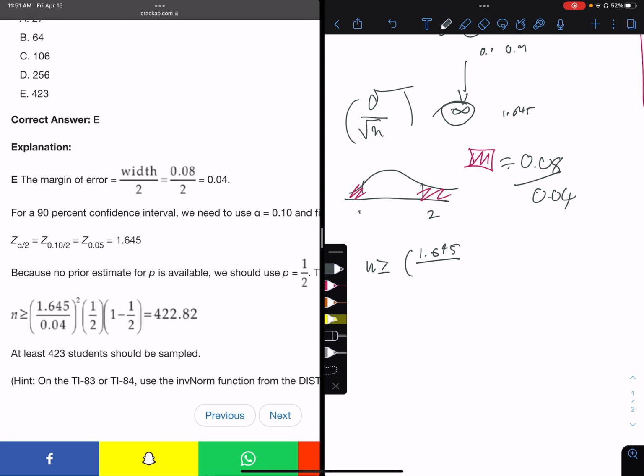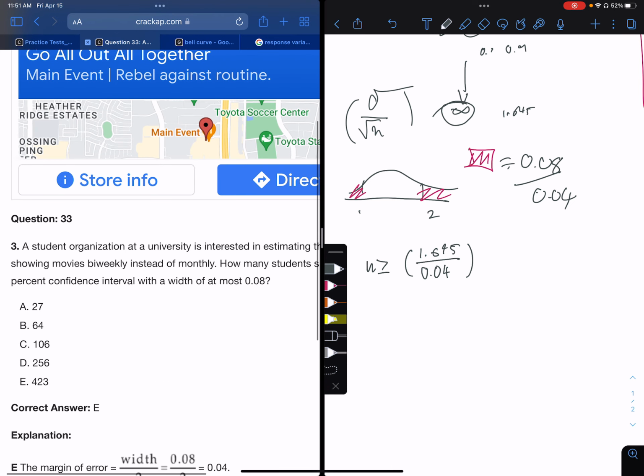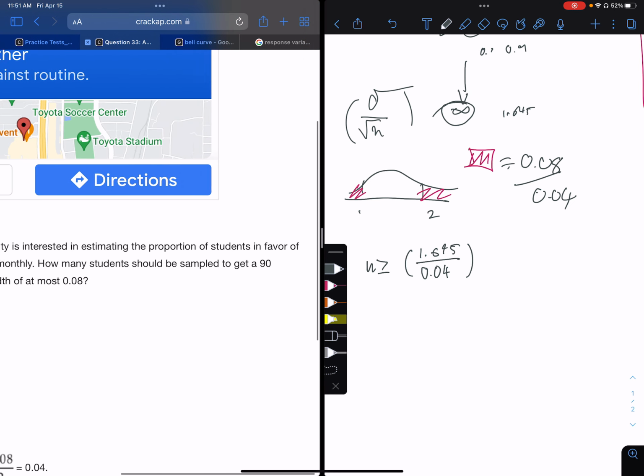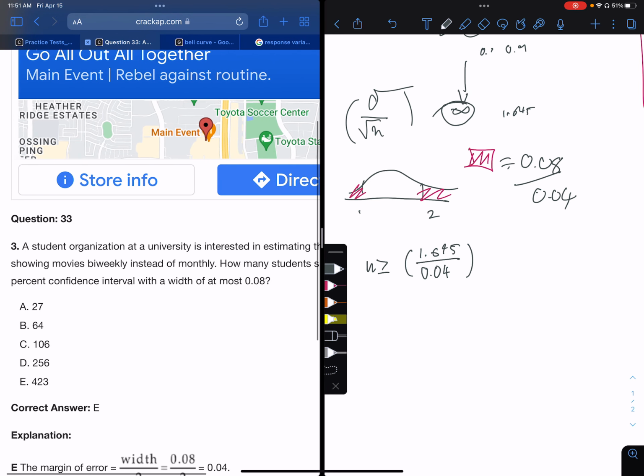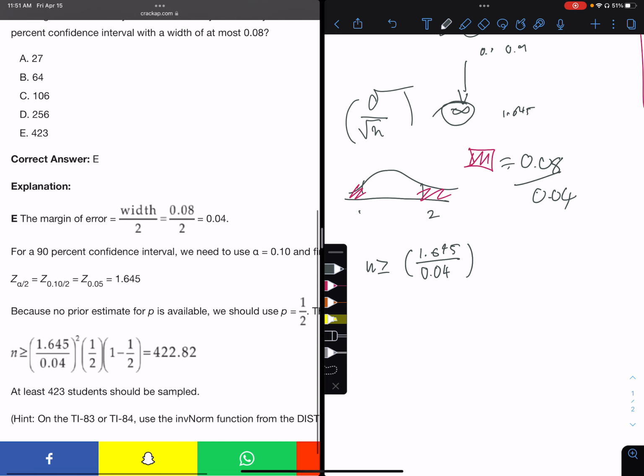So we take that, divide it by margin of error, which is 0.04. And students sampled bi-weekly instead of bi-monthly. Since there's only two options, that's why it's 1/2.